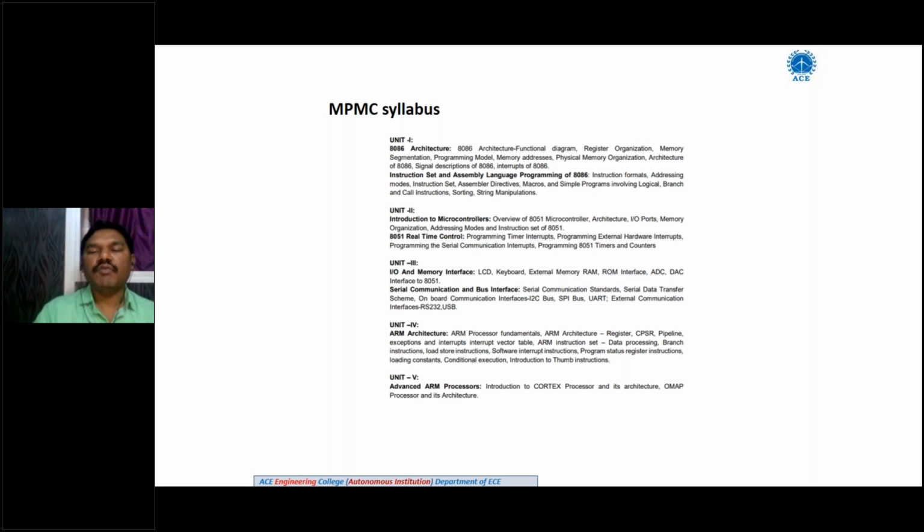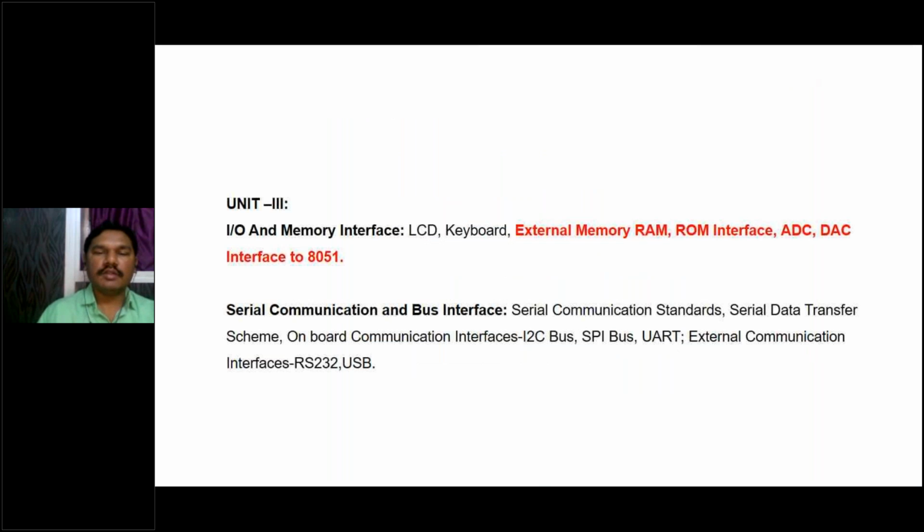That's why here we need to learn how to connect these ADCs and DACs externally to this 8051 microcontroller, and this RAM and ROM also. Sometimes the on-chip memory is not sufficient to operate some applications. That's why we need to connect RAM and ROM externally.